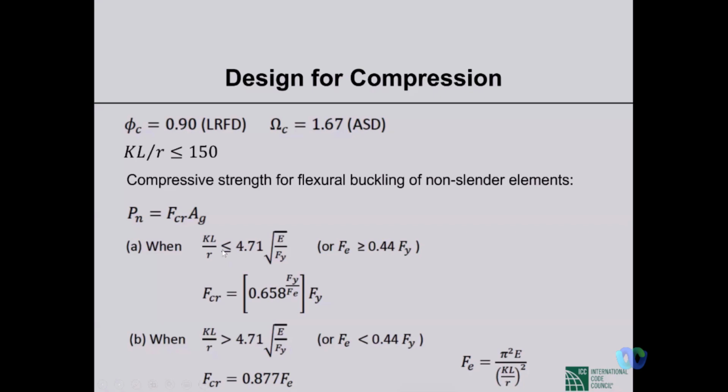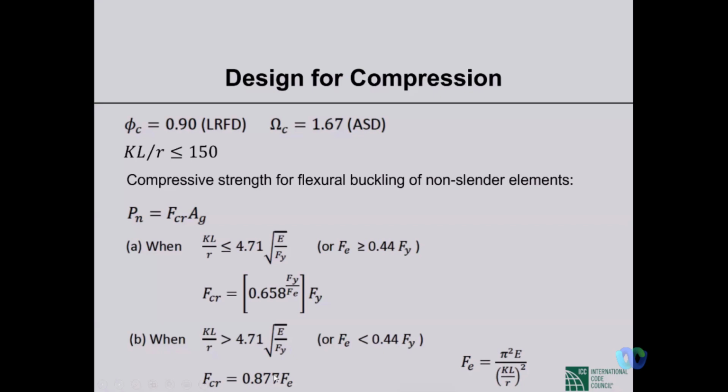There is one limit, 4.71 root over E by Fy. If the KL by r ratio, the slenderness ratio, is less than this limit, then the formula is this, and if it is more than this, then there is a different formula.